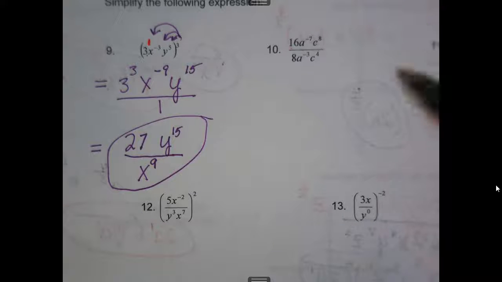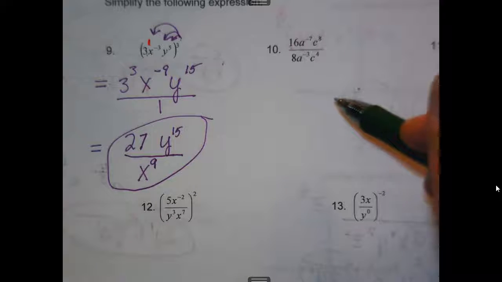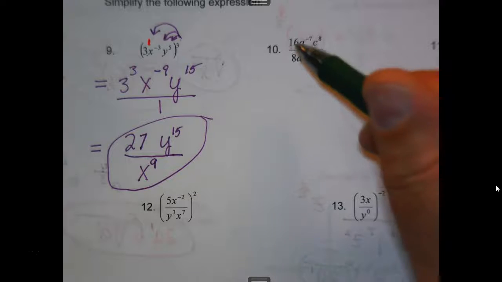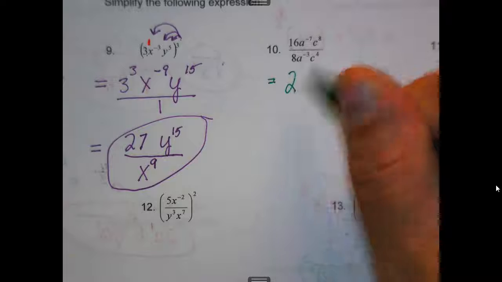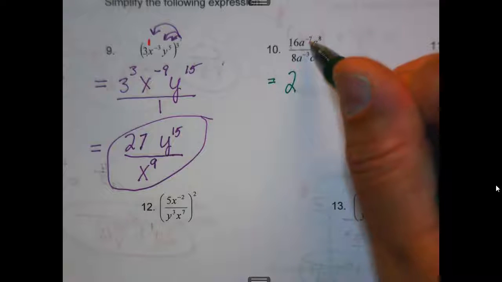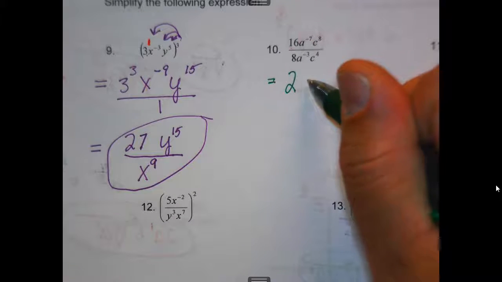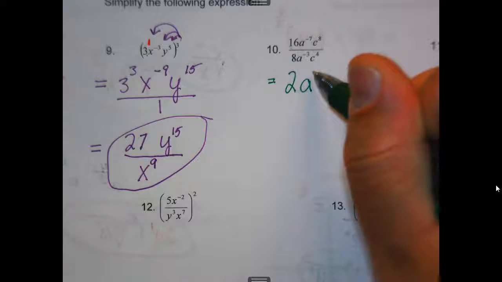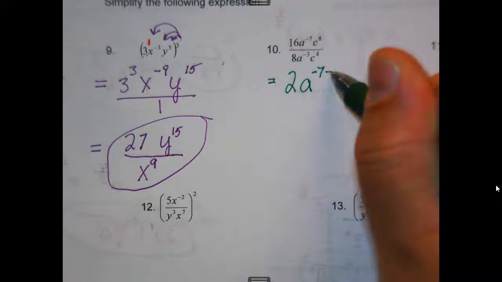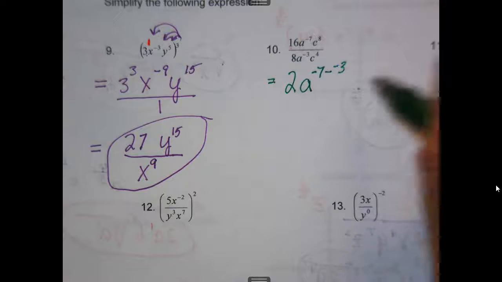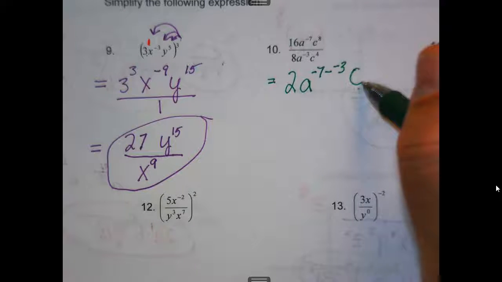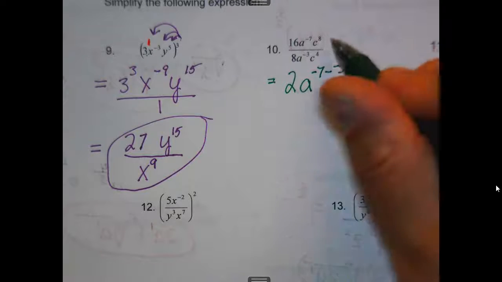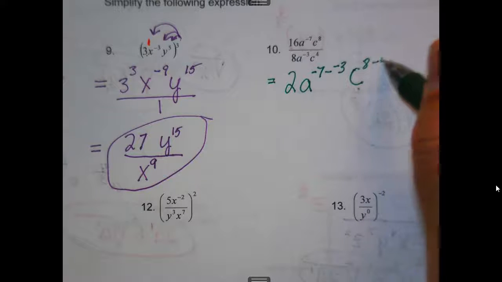Okay, number 10. What's 16 divided by 8? What do I do with the exponents when I'm dividing? Okay, so I have negative 7 minus negative 3. You with me? I have 8 minus 4.